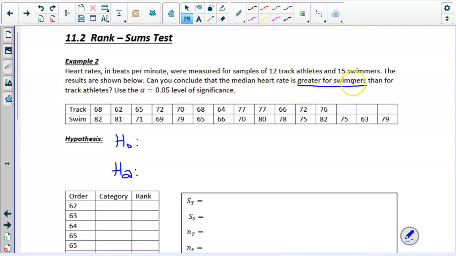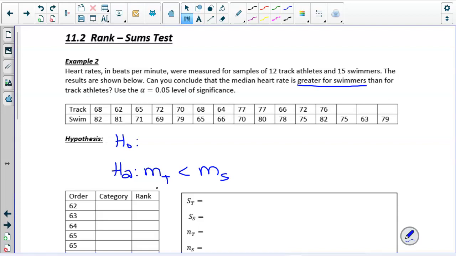If I'm saying it's greater for swimmers, then which one would be smaller? So we're going to say the median for track is less than the median for swimmers. You're still saying it's greater, but you're writing it with track first because it's smaller, okay? I wrote this one incorrectly based on how the book teaches it, so then it's like, wait a minute, why'd we do that?